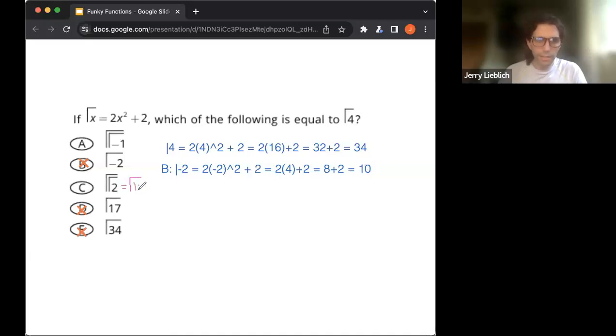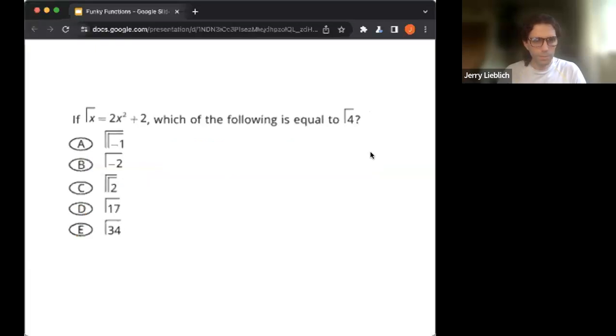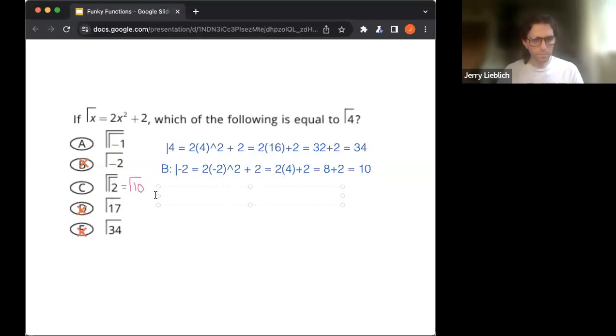So this is actually L10. That's going to be too big. That's my hunch, right? There's no way L10 is going to be equal to L4. So let's try A. I'm extremely skeptical about C.